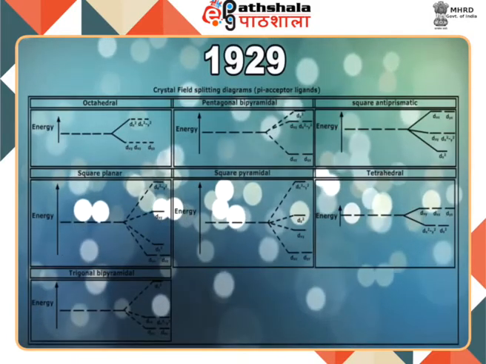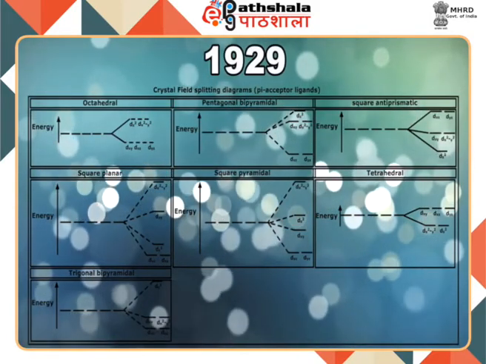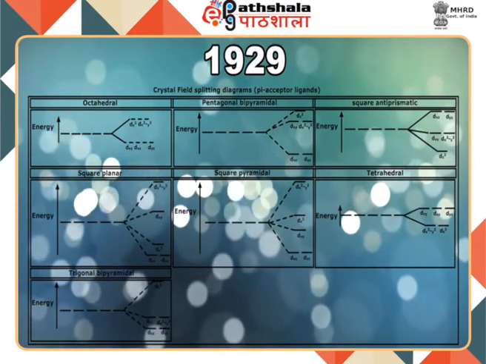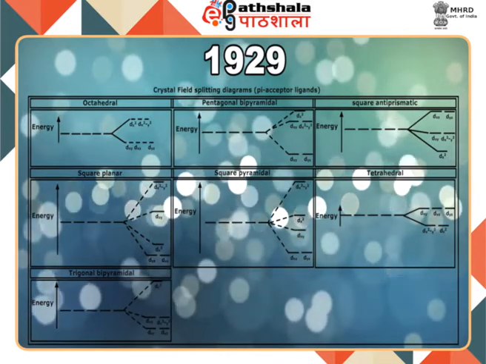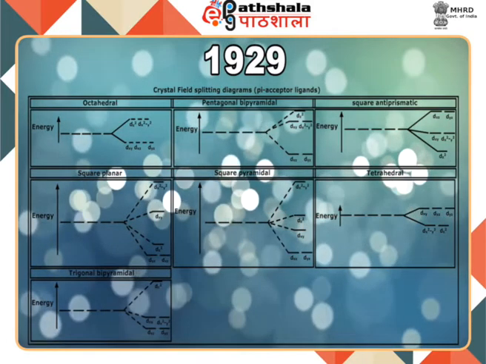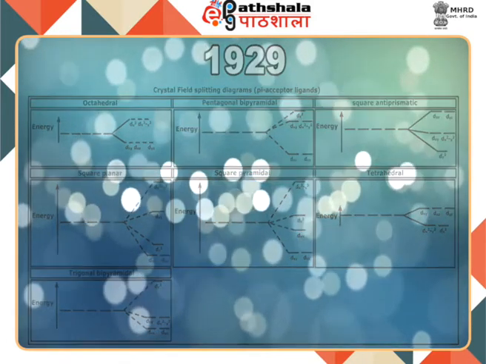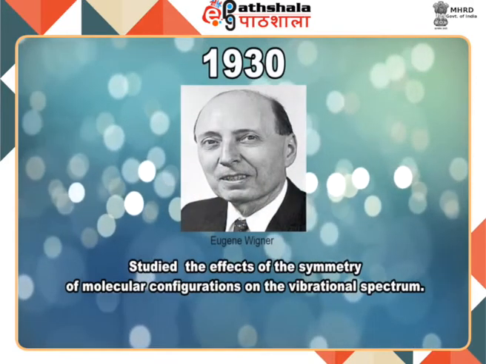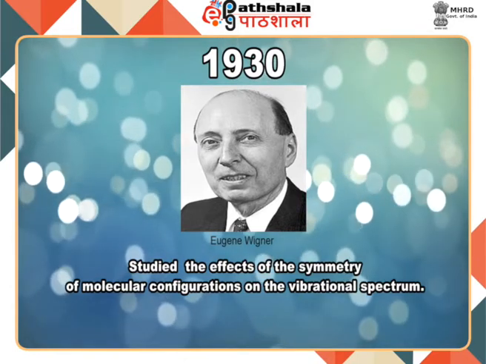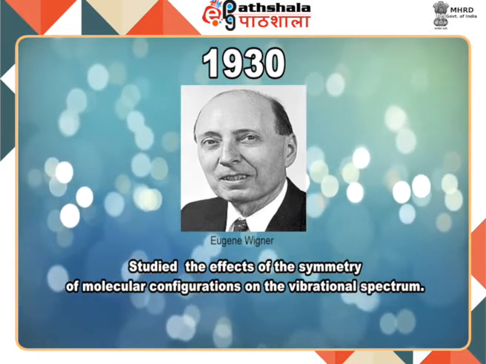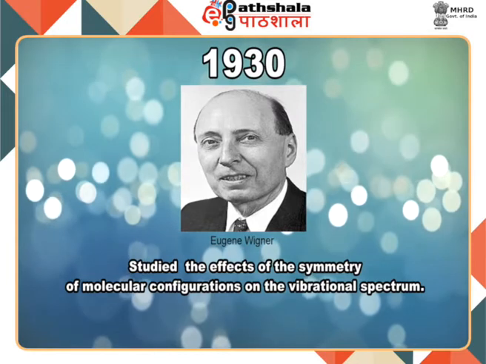In around 1929, Hans Bethe derived the splitting of atomic levels resulting from the crystal field symmetry, that is, crystal field theory. In 1930, Eugene Wigner studied the effects of the symmetry of molecular configurations on the vibrational spectrum.